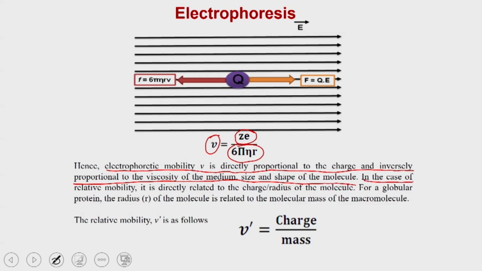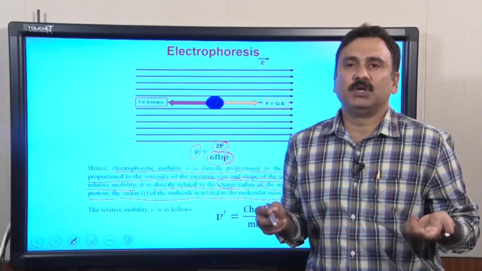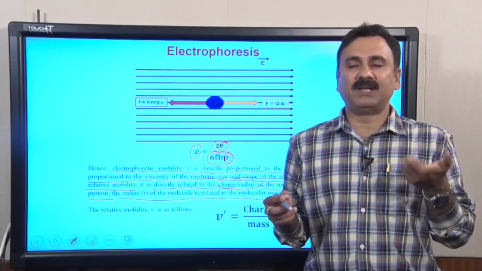In the case of the relative mobility, it is directly related to the charge divided by the radius of the molecule. For a globular protein, the radius of the molecule is related to the molecular mass of the macromolecule, which means the radius is directly proportional to the molecular weight.